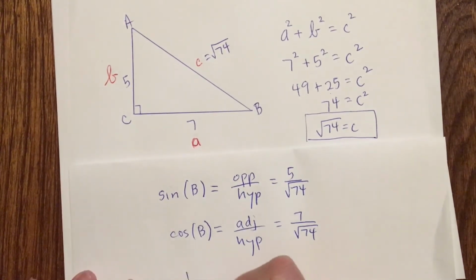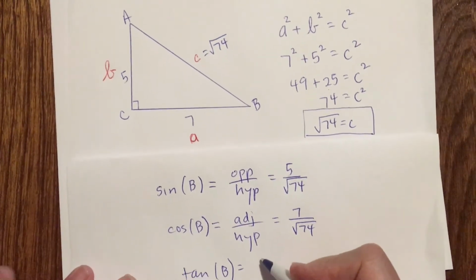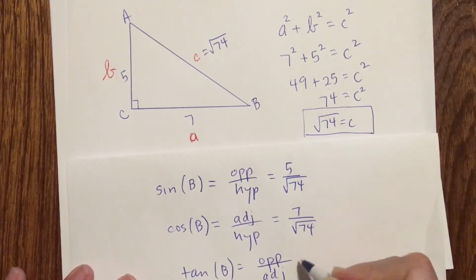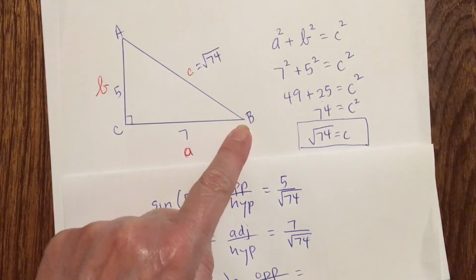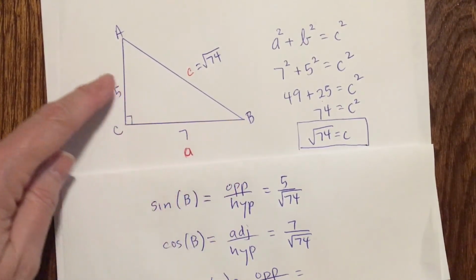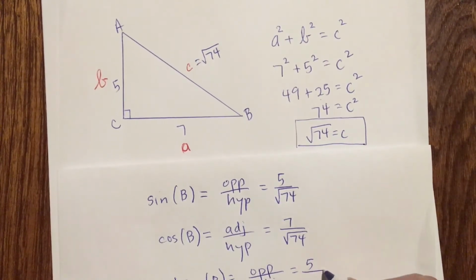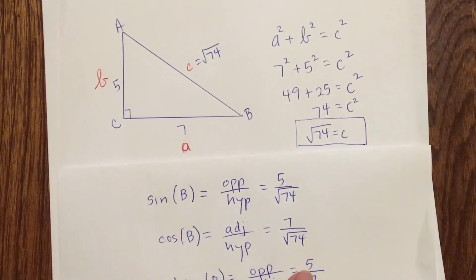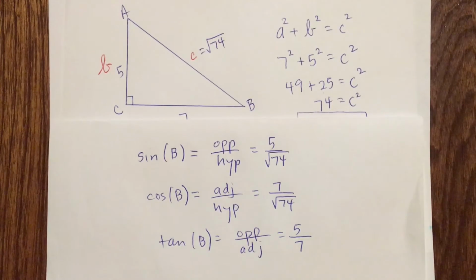And then I'll do the tangent of B. Tangent is always opposite over adjacent. As I look at B, and I can go across, I get 5. Adjacent is 7. So the tangent of B is 5/7. Sometimes students may want to try to say, I'll just memorize the formulas.